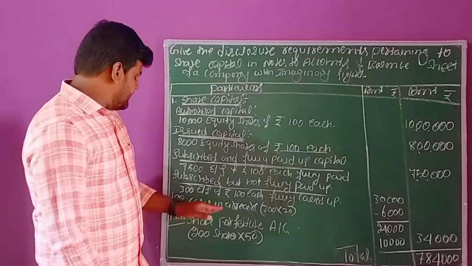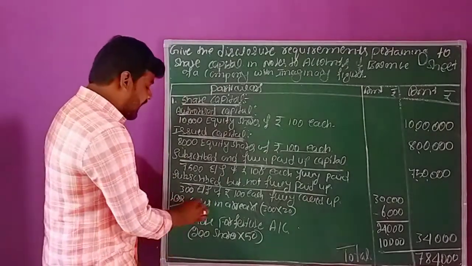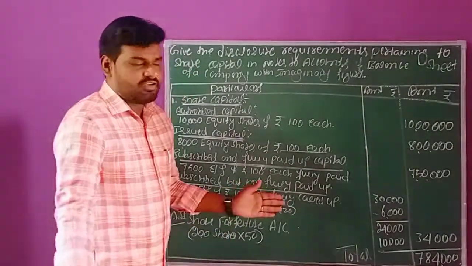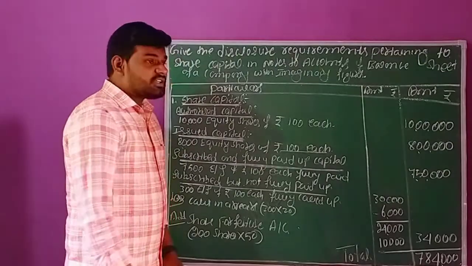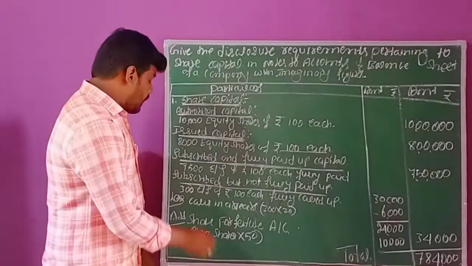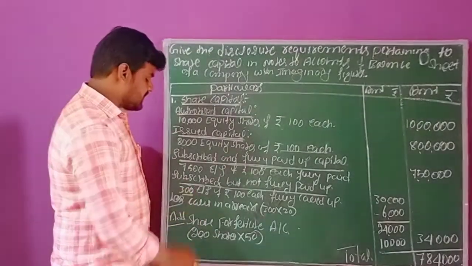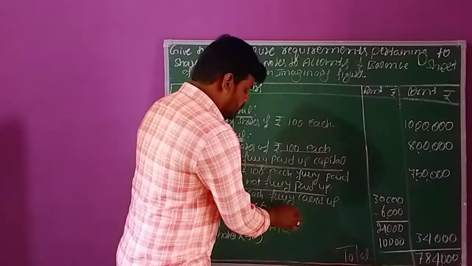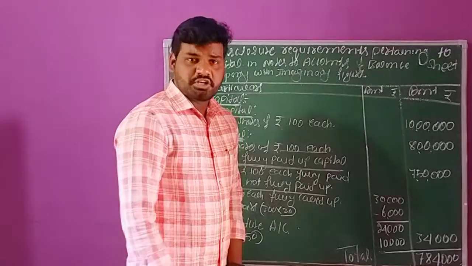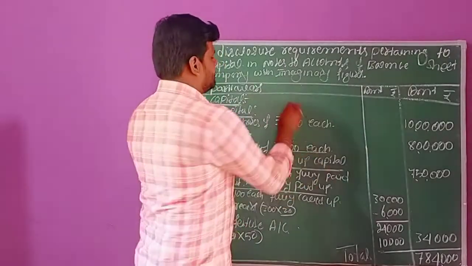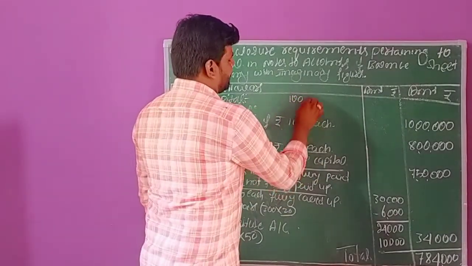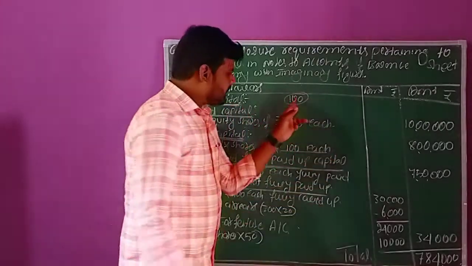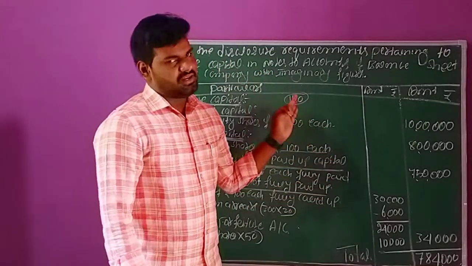But in the next stage here, less calls in arrears. We are not receiving from the public. So how much amount are we not receiving? Out of these 300 shares, the value of each share should be 100, right? Might be that 100 rupees includes application as well as allotment, first call as well as final call.